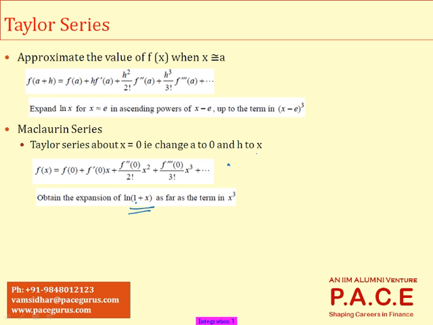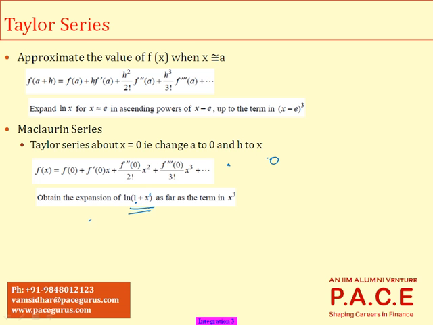So what happens, I'll try to put f of 0. F of 0 means log 1 plus 0, log 1, which is 0. Now here, all I need to find out is log 1 plus x.